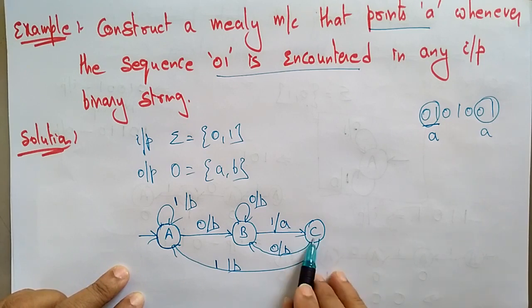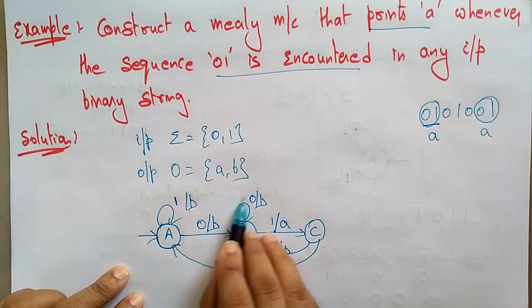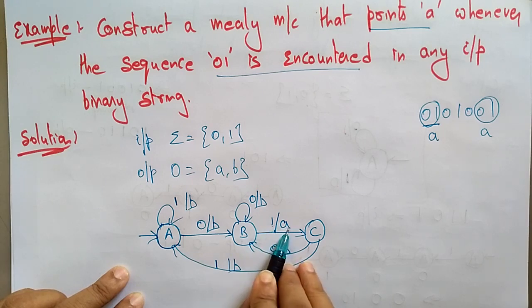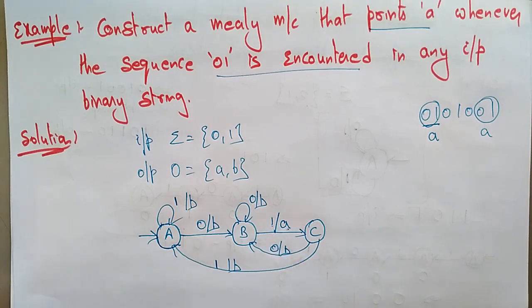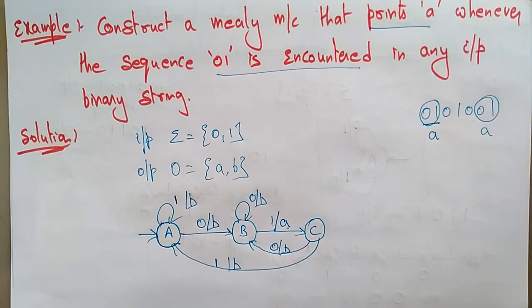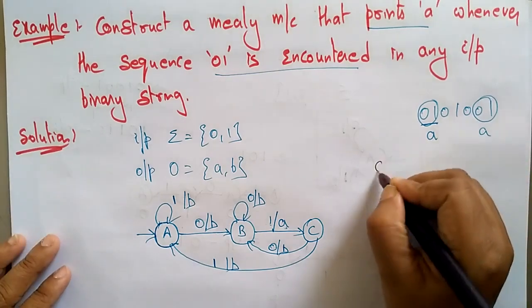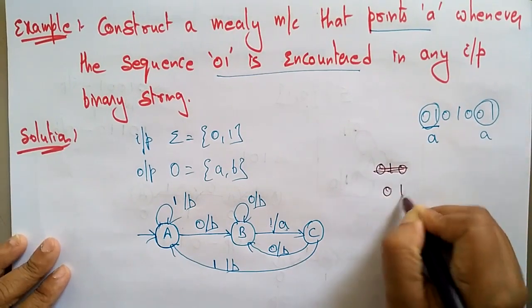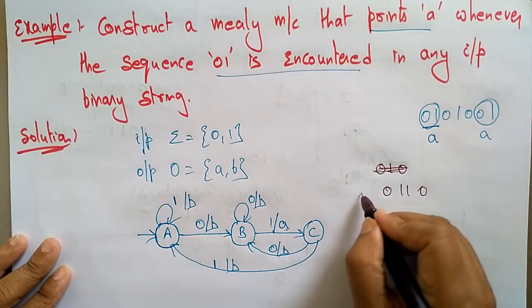In the case of 0, 0, 1 also, in place of 1, A is encountered. Let me take an example to check whether this Mealy machine I constructed is true or false. Let us assume a string 0, 1, 1, 0.